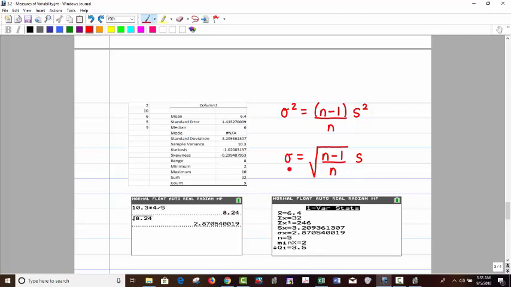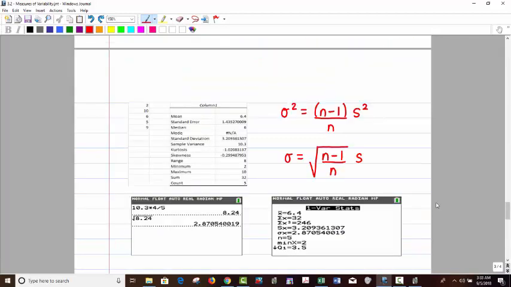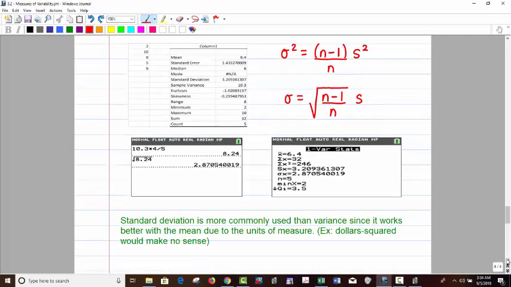And then the square root of it is how you would convert the standard deviations. So 10.3 right there is the sample variance, and then we see what we've already calculated, the population variance. So that formula worked. 10.3 times 4 divided by 5 is 8.24. All right, just a little trick. You never know if you might need that or not.